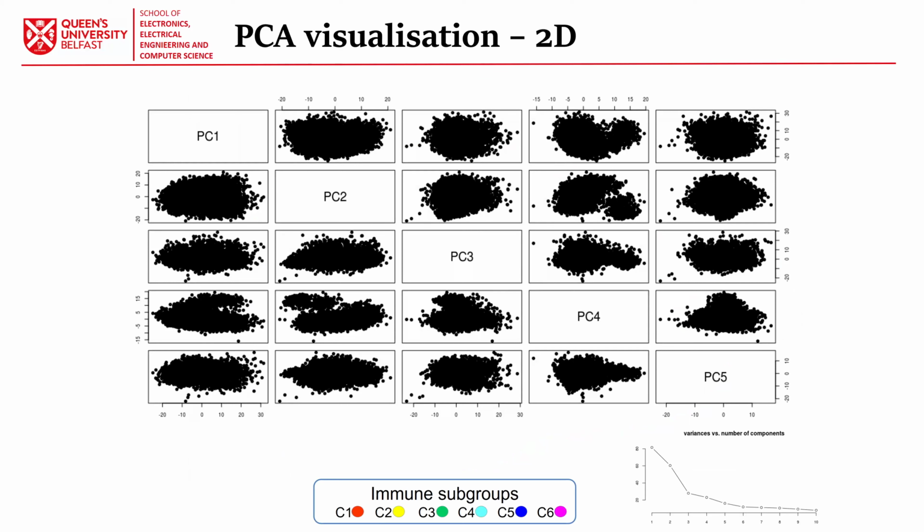If I use, again, pairs to illustrate these 7,000 samples, this is a simple illustration of variances versus number of components. And as you can see, we have a drop here after 5. So it seems that 5 components would be rather good. So here is PCA 1 to 5, and I'm going to just exclude the upper part.